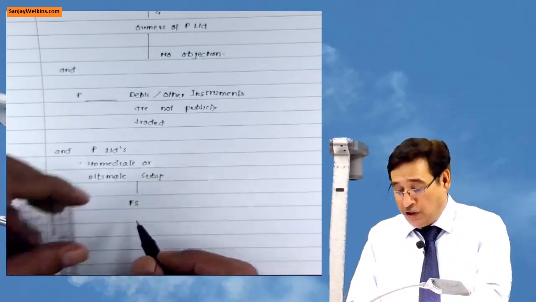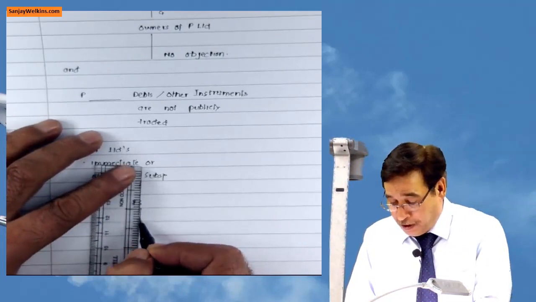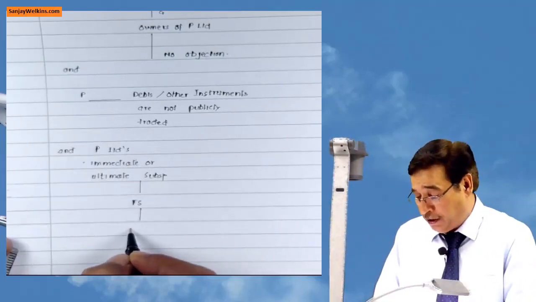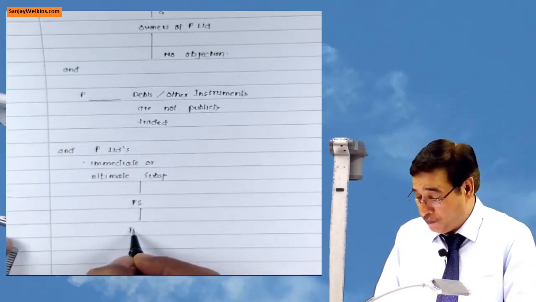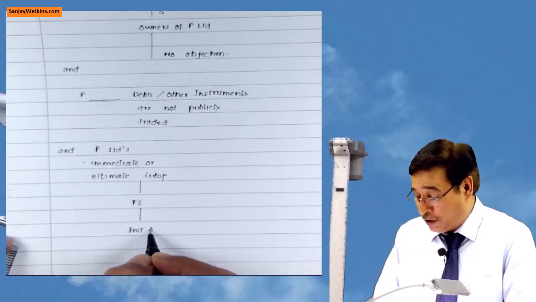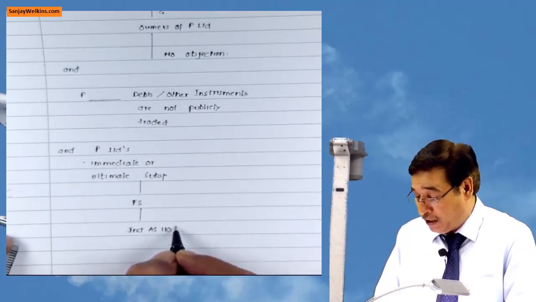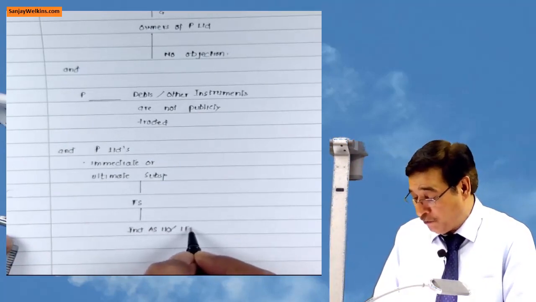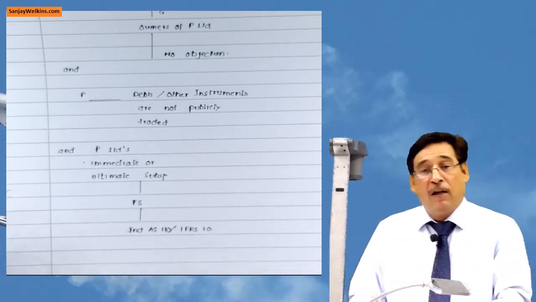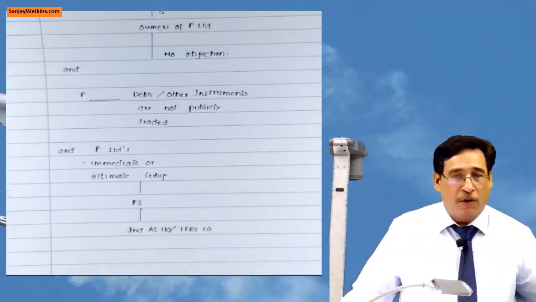And those financial statements have been prepared in the light of Ind AS 110, or IFRS 10, because the class is also for international students. Then it will become an exception.